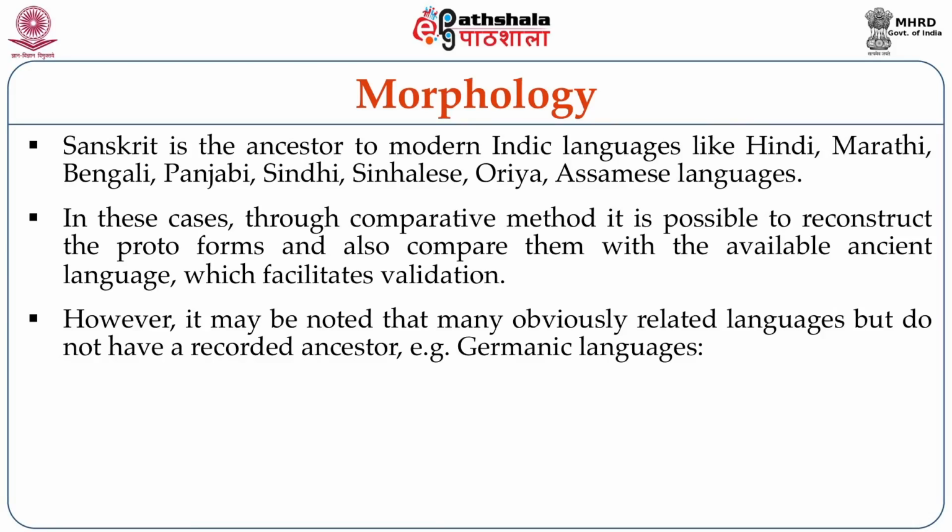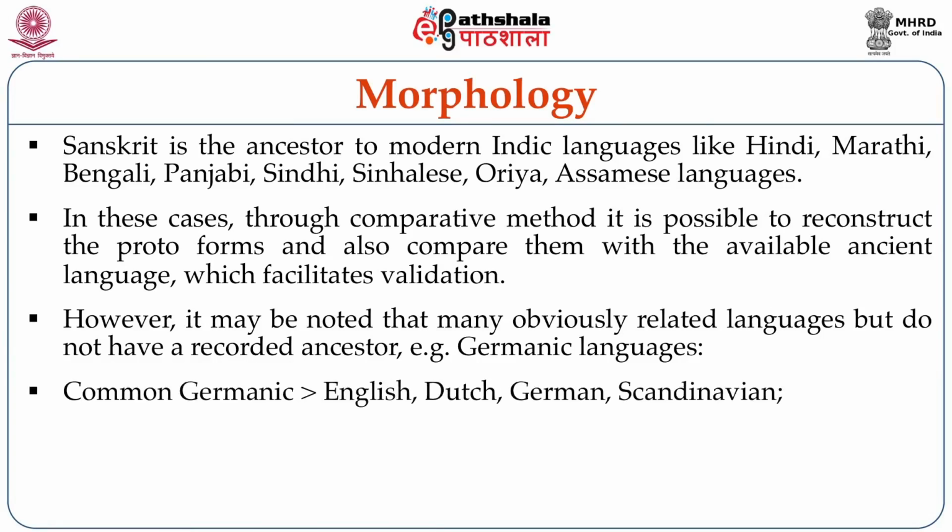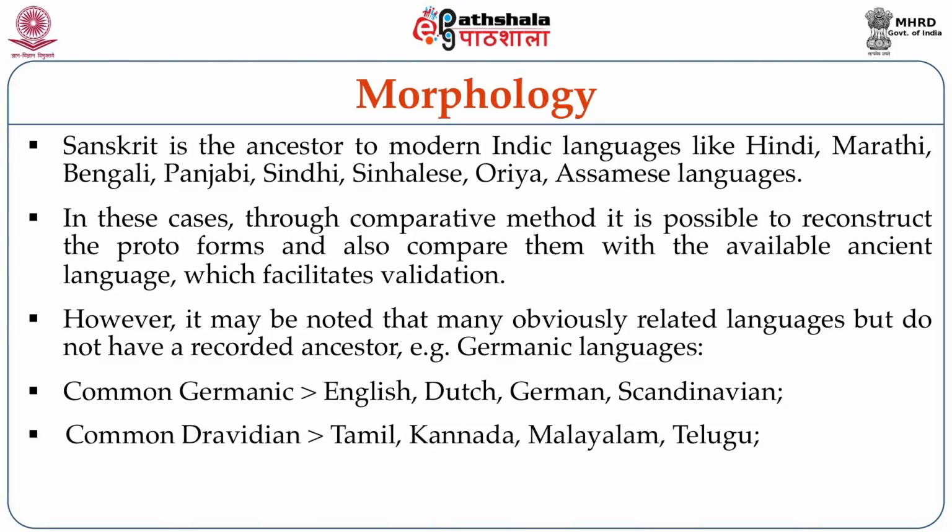However, it may be noted that many obviously related languages do not have a recorded ancestor. For example, for Germanic languages such as English, Dutch, Danish, Gothic, Icelandic, Norwegian, Swedish, we do not possess an ancestor that is extant.